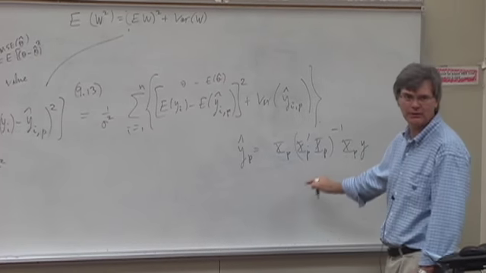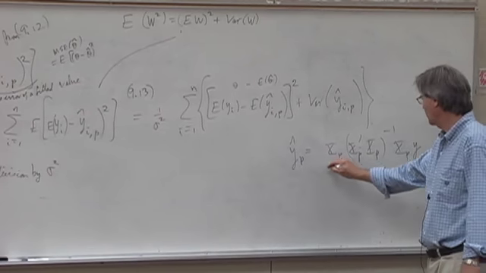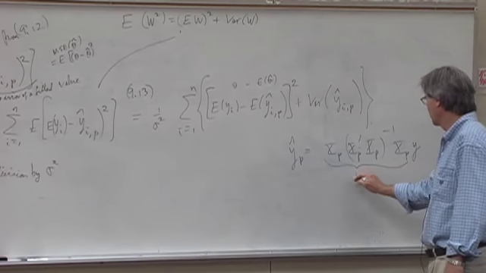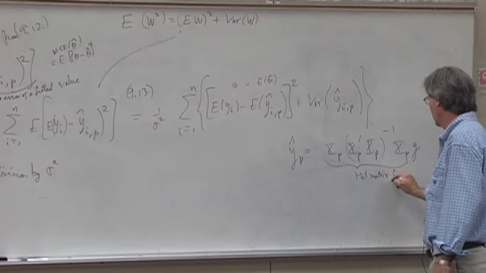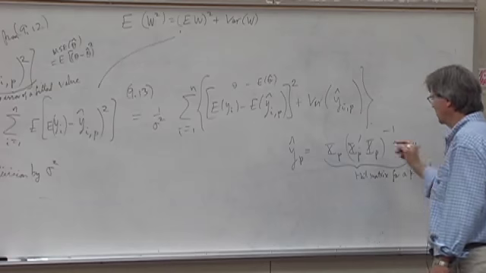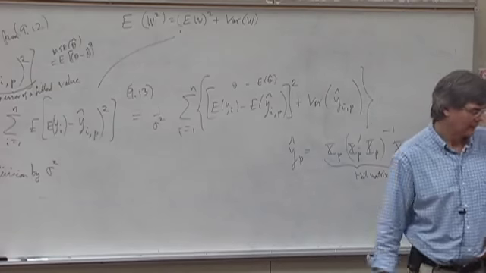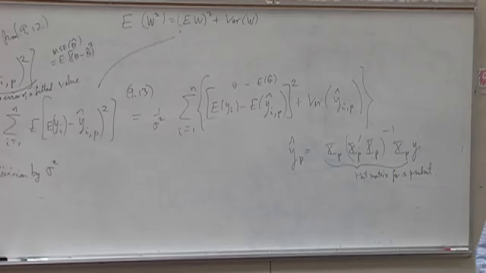Well, that's the hat matrix for the P subset model. All right? This is the hat matrix for a P subset model. So you're just taking P columns of X. It's just the intercept and the P minus 1 regressors, if that's what you have.